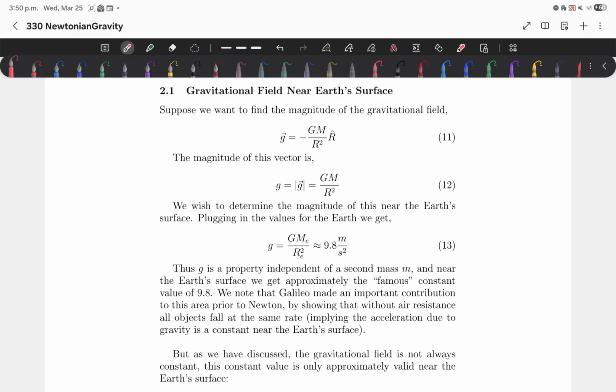So let's say we plug in the mass of the Earth for M and the radius of the Earth for r, we work this out, we get roughly 9.8 meters per second squared when we do this calculation. So the 9.8 value is the magnitude of the gravitational field near the Earth. This is also something we can determine by experiment.